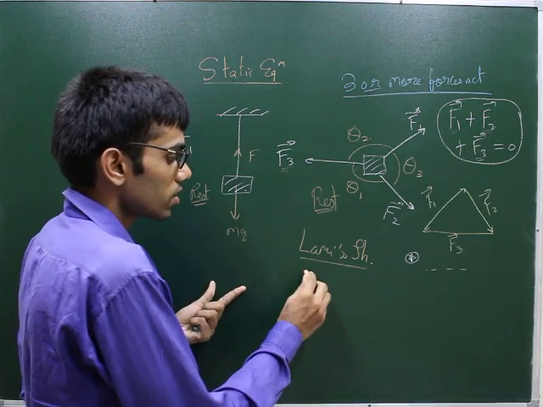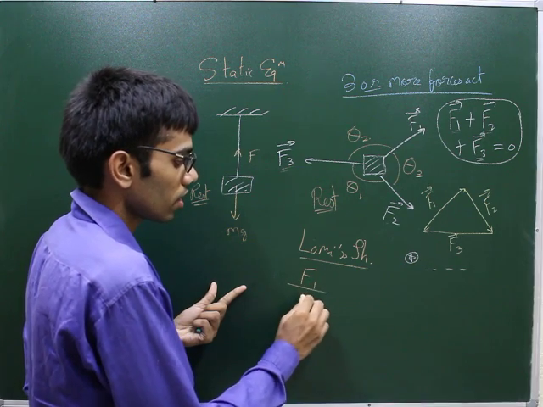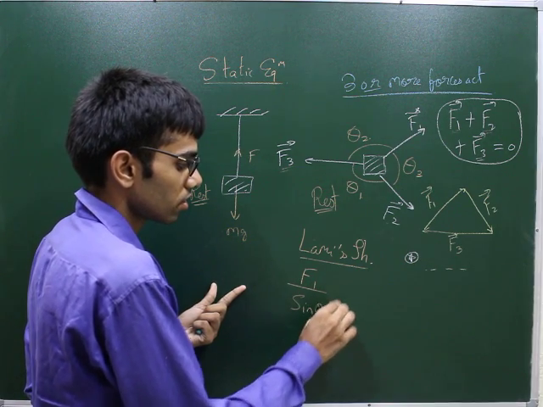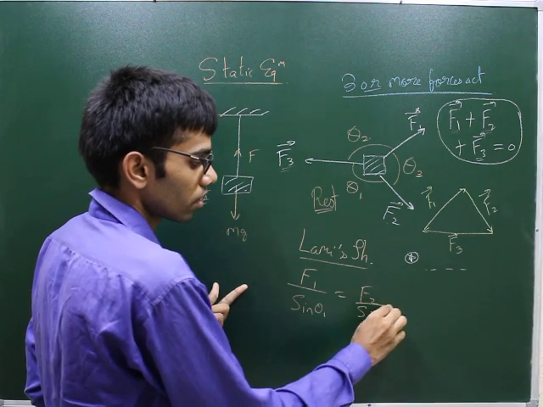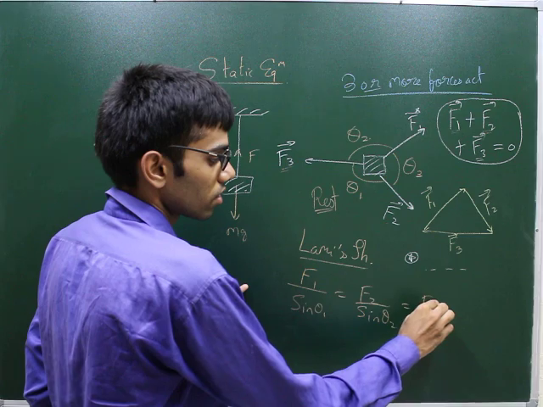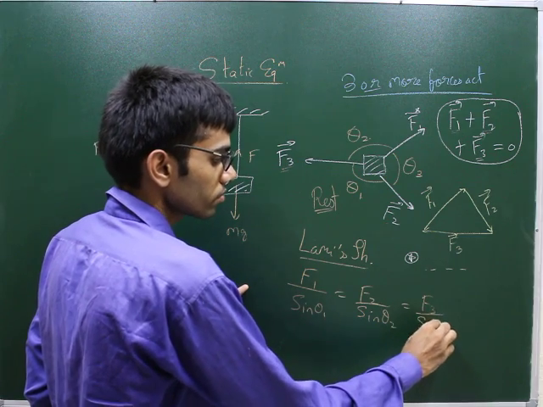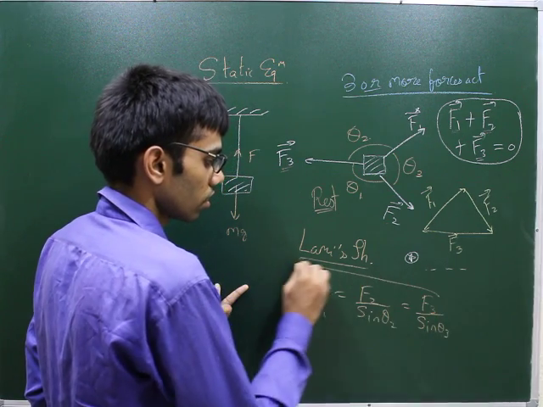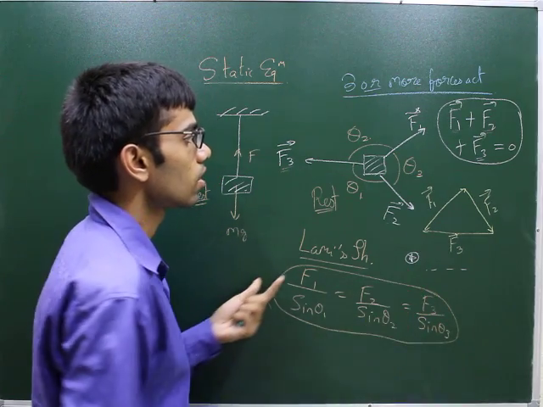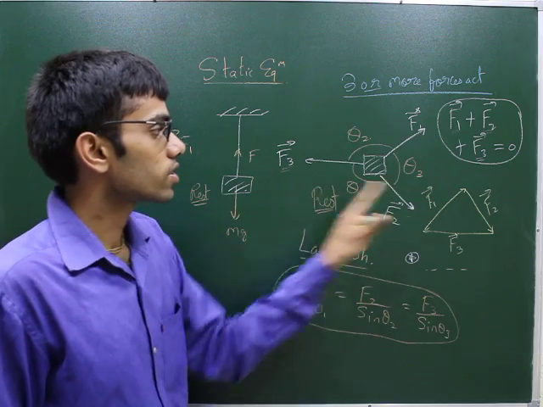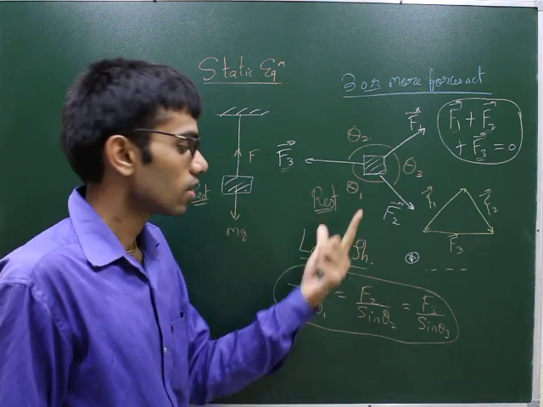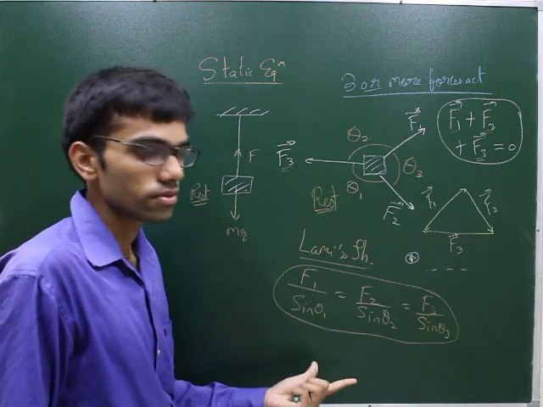So Lami's theorem says that F1 by sin theta 1 equals F2 by sin theta 2 equals F3 by sin theta 3. ठीक है. So this is Lami's theorem. तो अगर कोई body rest पे three forces are acting on it, so उनका relationship ऐसे आता है.